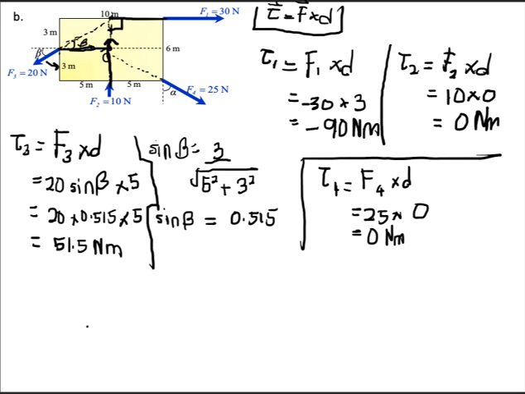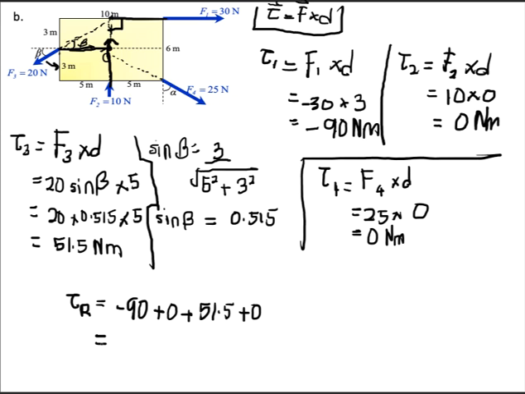The last part is the resultant torque. We take the vector sum of all the individual torques. So it is negative 90, our torque 1, torque 2 is 0, torque 3 is 51.5, torque 4 is 0.